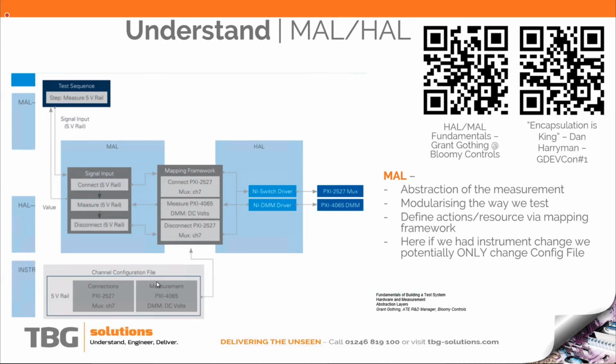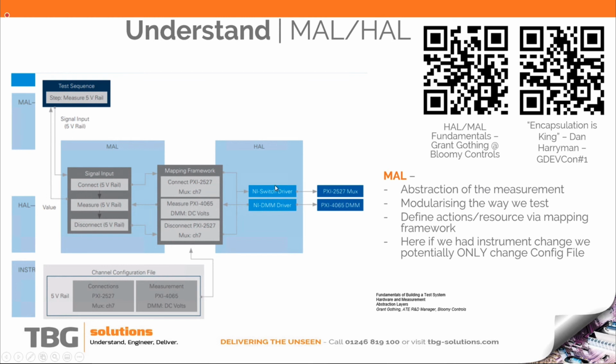It's also got the MUX or relay channel 7 that we need to connect. So the mapping framework would be a VI call that basically says: pull in the settings, connect channel 7. Now we need to measure DC volts on this card, and then disconnect channel 7 from that same card.